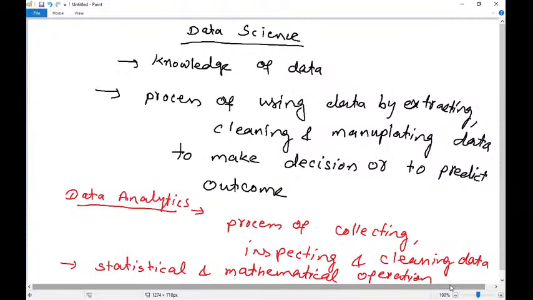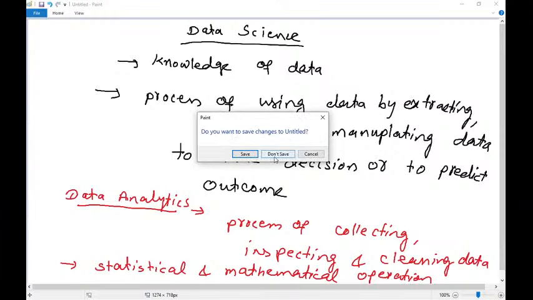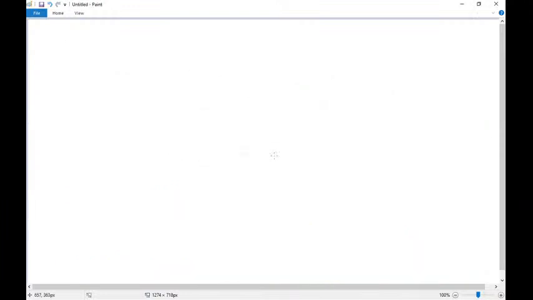Now come to the next terms. We have defined two terms, data science and data analytics. Now the next term that you should know is ML, machine learning. In simple words, machine learning is a subfield of AI.